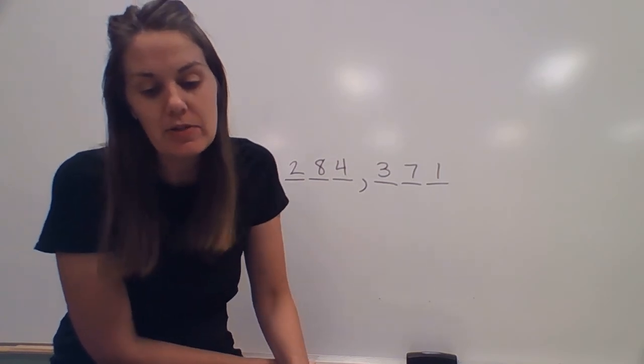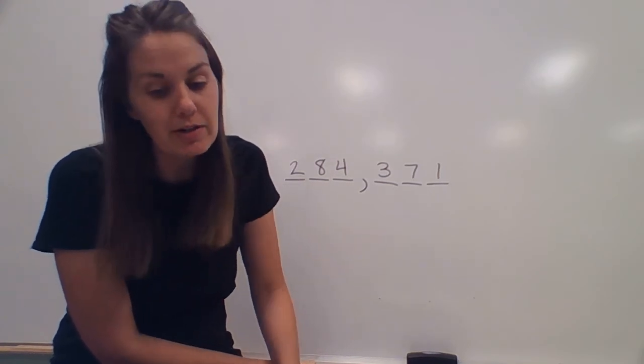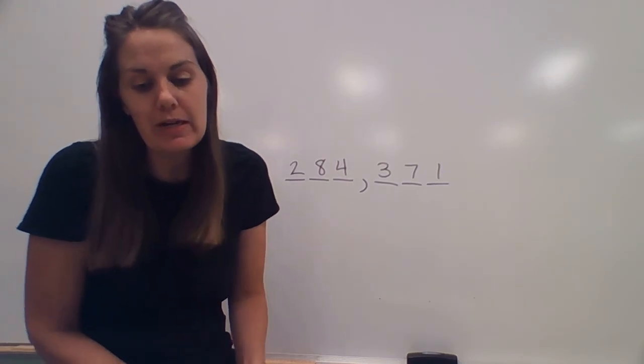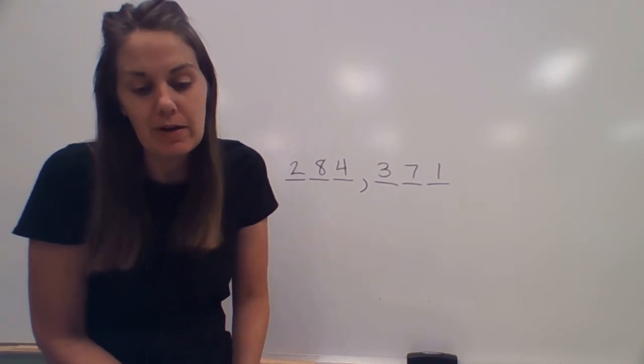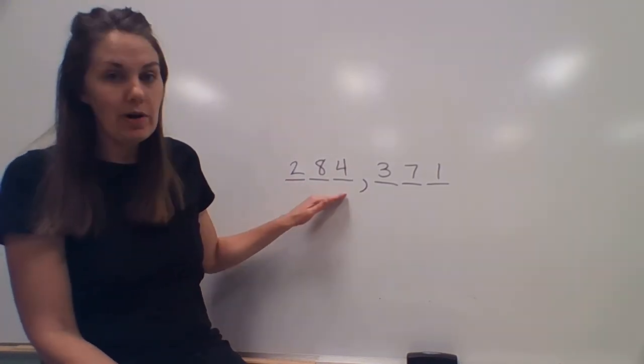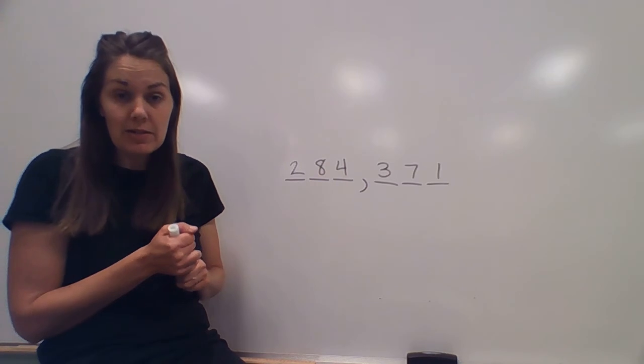Number 4 says use expanded form and word form to understand greater numbers. A says say or write the word form of a number. You read each group of 3 digits followed by the period name. So they've started it for you. 284,000.